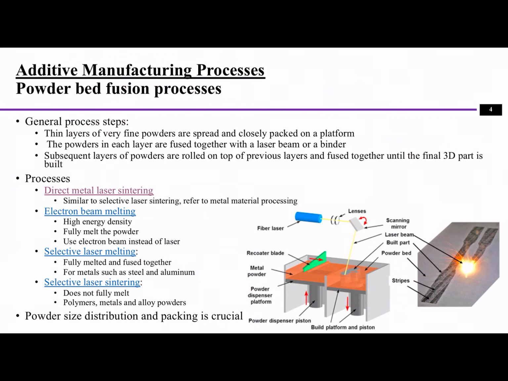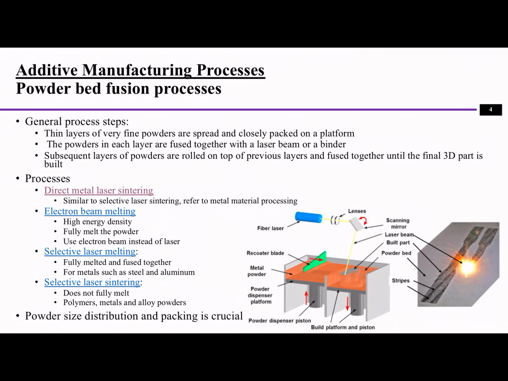Next one is the powder bed fusion processes. Powder bed fusion is a group of processes that typically use either a laser or electron beam. The idea is we lay fine powders on the platform, and then we use a laser, or basically an energy source, to fuse the particles within each layer and create the pattern of the product.